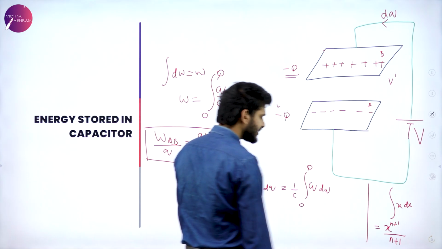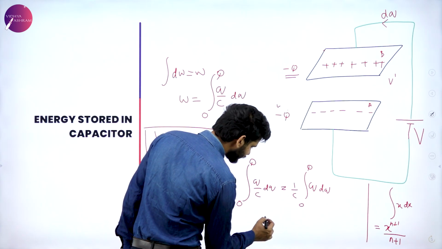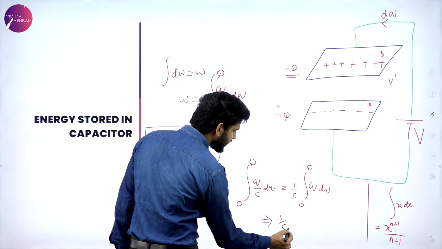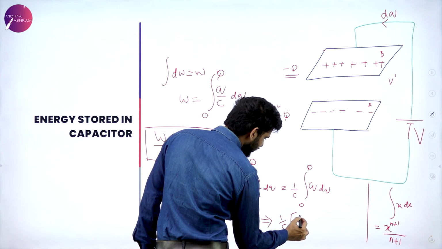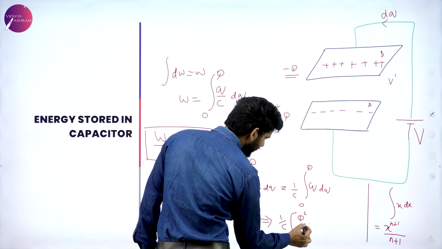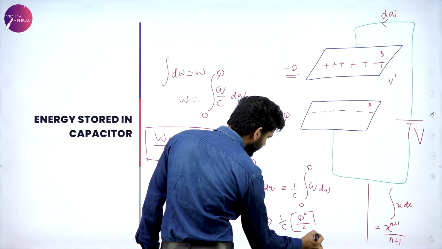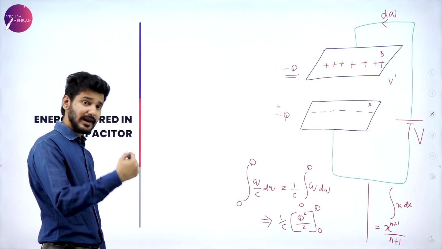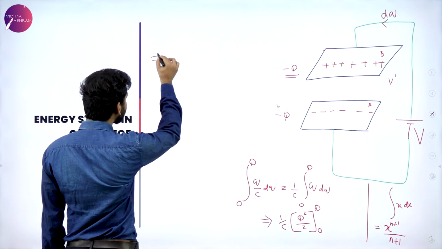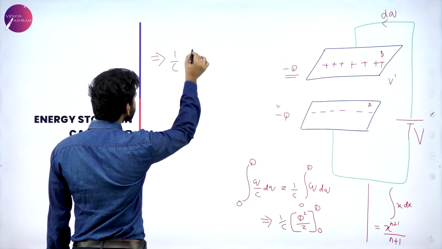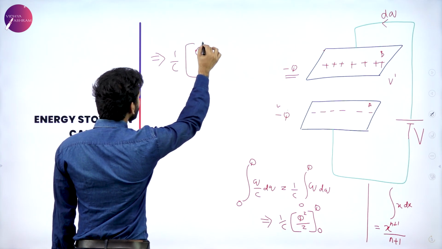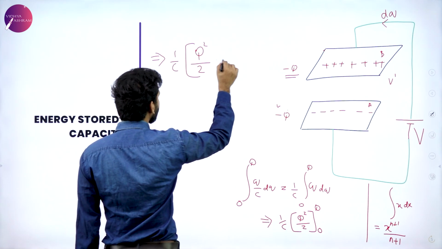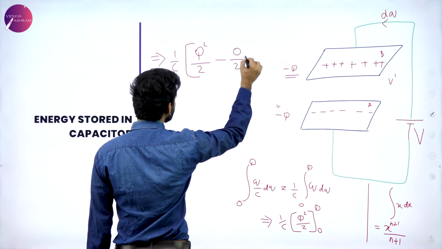So from this relation, I can write down that this implies 1 by C, Q square divided by 2, from the limits 0 to capital Q. Upon applying the limits, I can write it as 1 by C, Q square by 2 minus 0 by 2.